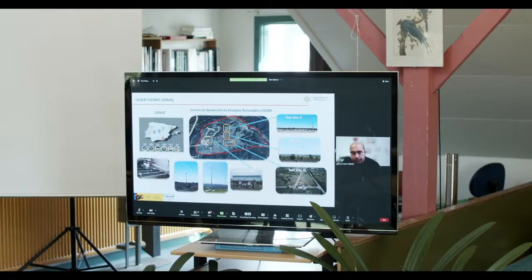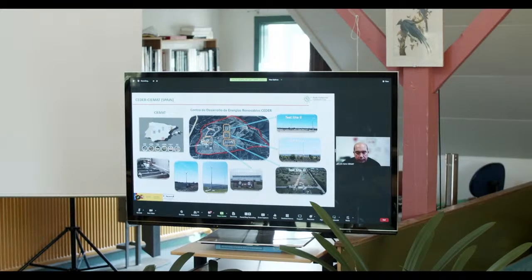This is our test facility in Spain, in a center that is called CEDER, which in Spanish is Centro de Desarrollo de Energías Renovables, meaning Renewable Energies Development Center.